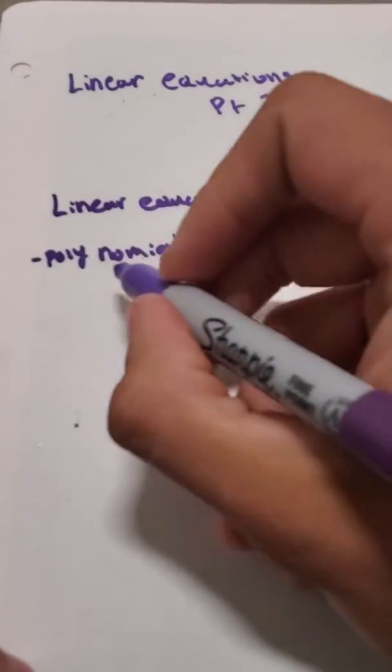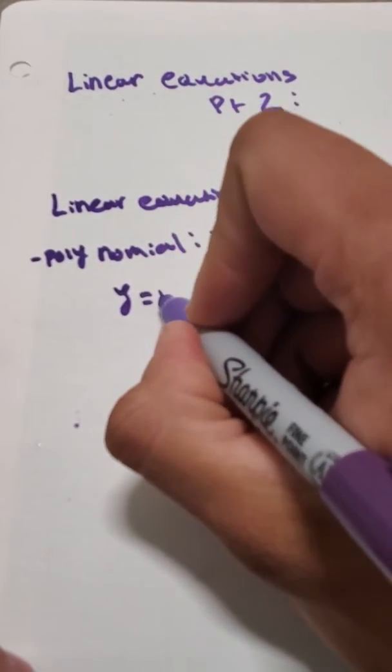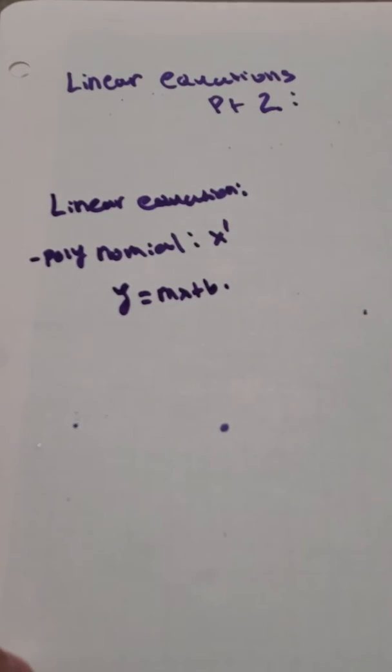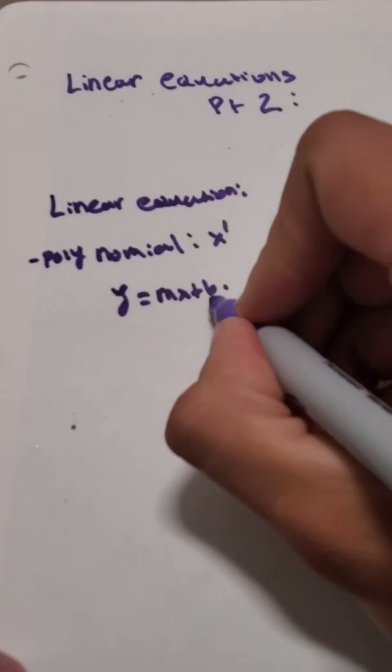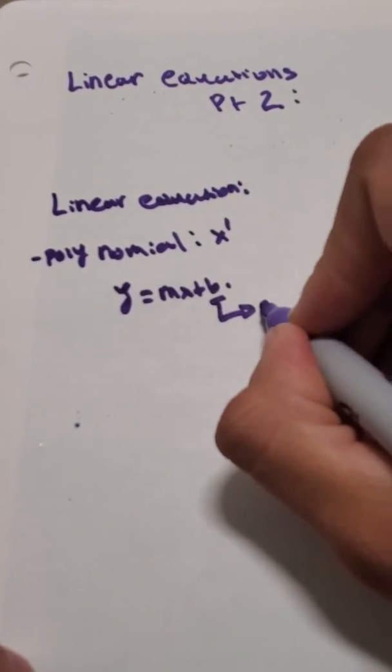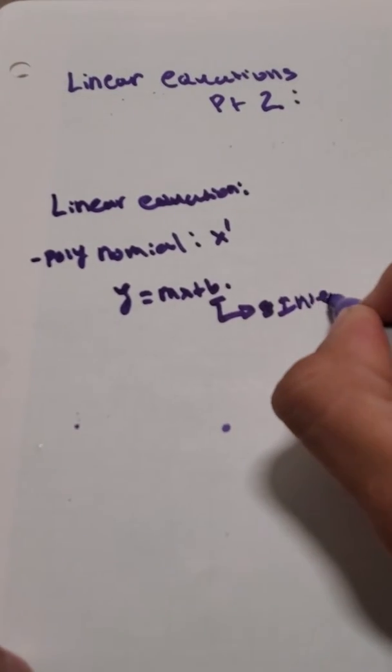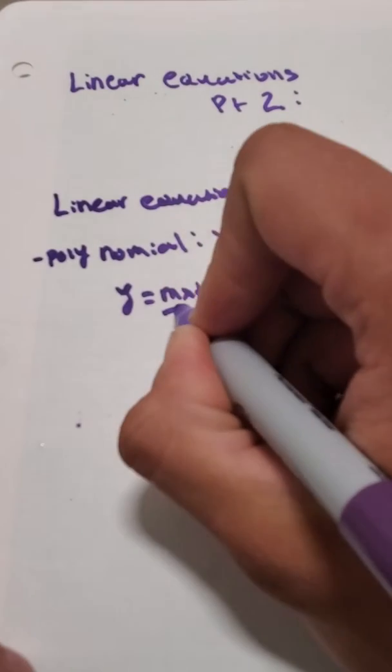So this is the linear equation. In slope-intercept form, y is equal to mx plus b, where b is the y-intercept and m is the slope.